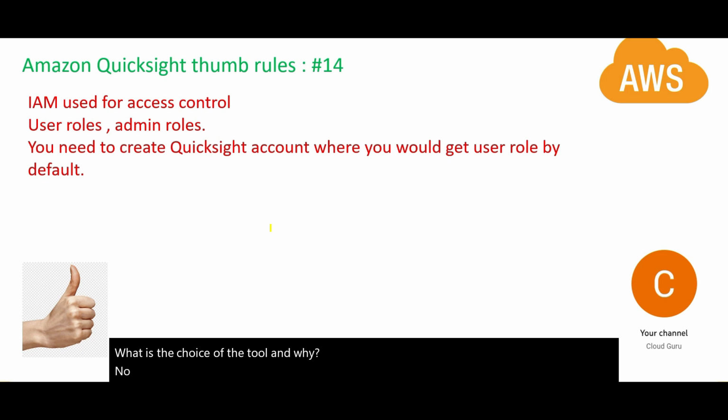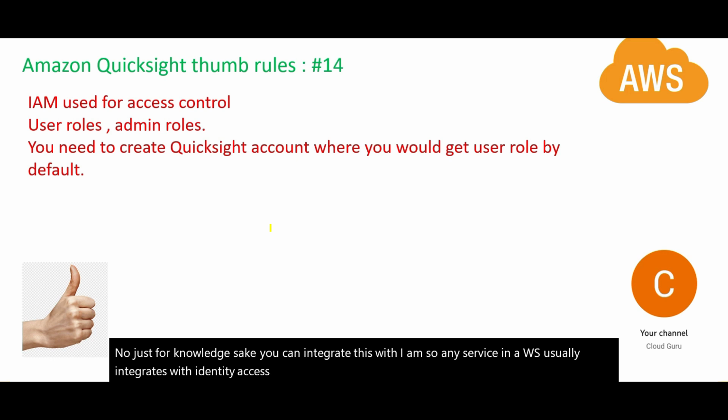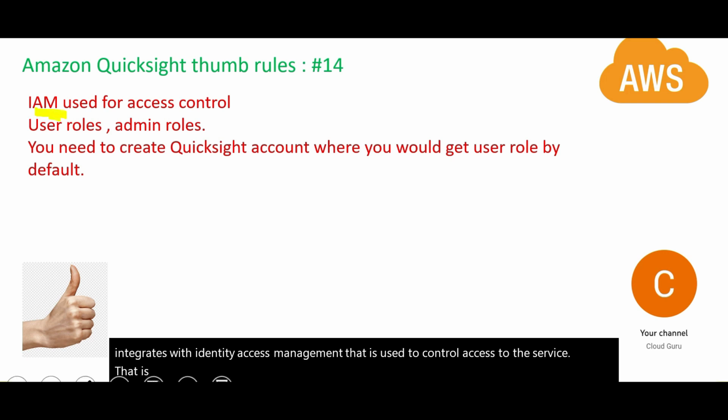Just for knowledge's sake, you can integrate this with IAM. Any service in AWS usually integrates with identity access management, which is used to control access to the service. So that is IAM. And then in Quicksight, you have two kinds of roles. One is the user role, the other is the admin role.